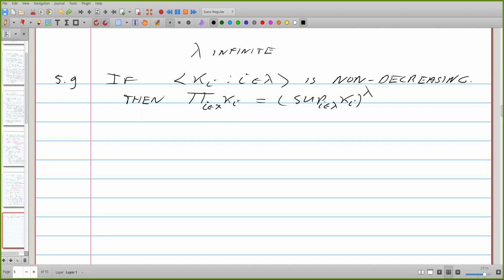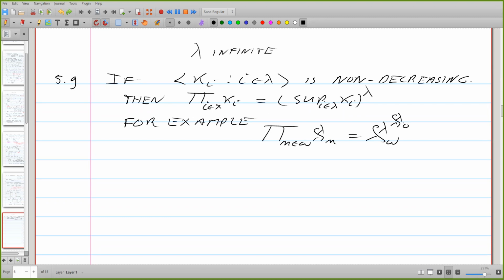This is something that we'll be using in the calculation of the powers, because you see that certain suprema are equal to certain products. Powers of suprema are equal to products, and that is a very useful thing to have. For example, here is a special case of this equality.